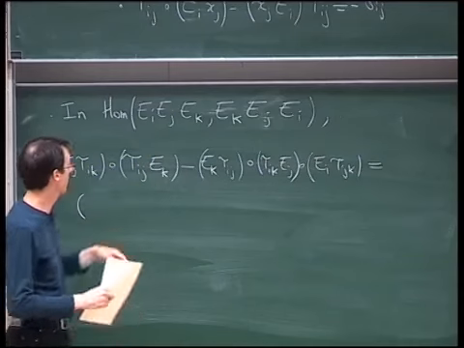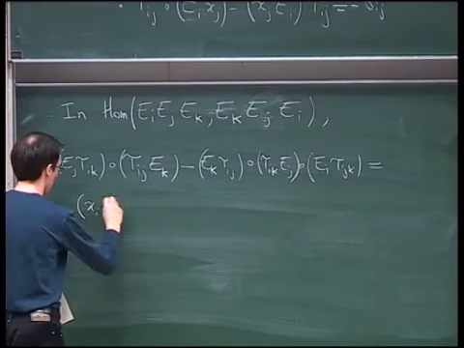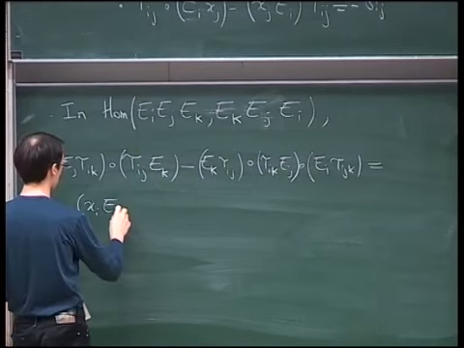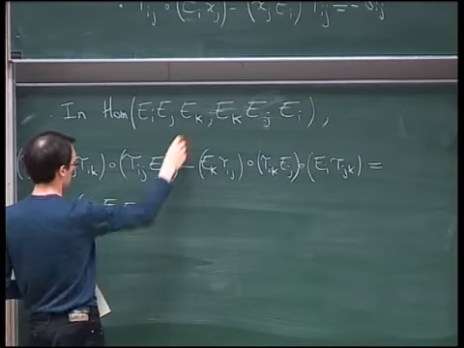That is when i equals k. In that case, you get x_i. So you multiply by x here, or you multiply by x on the second term.